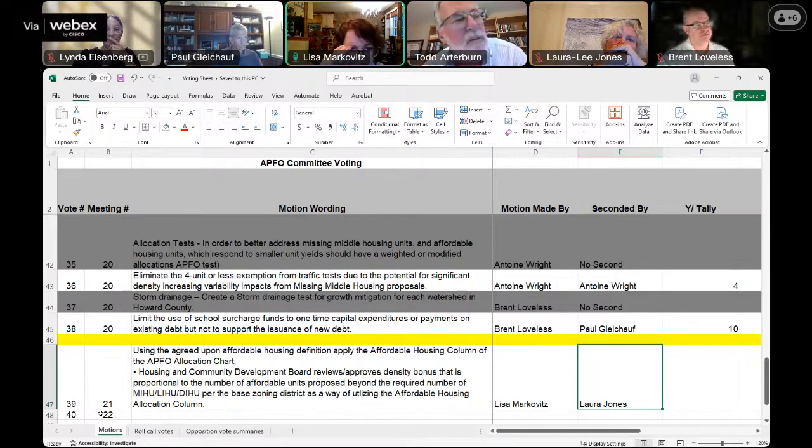Now does the density go from they can do 100 units to they can do 110, but since you can only get 70 market rate units, now I can do 40 affordable? Well, but it says proportional to the number of affordable units, not the percentage of the affordable units. I mean, it's a little wiggly, I hear you.